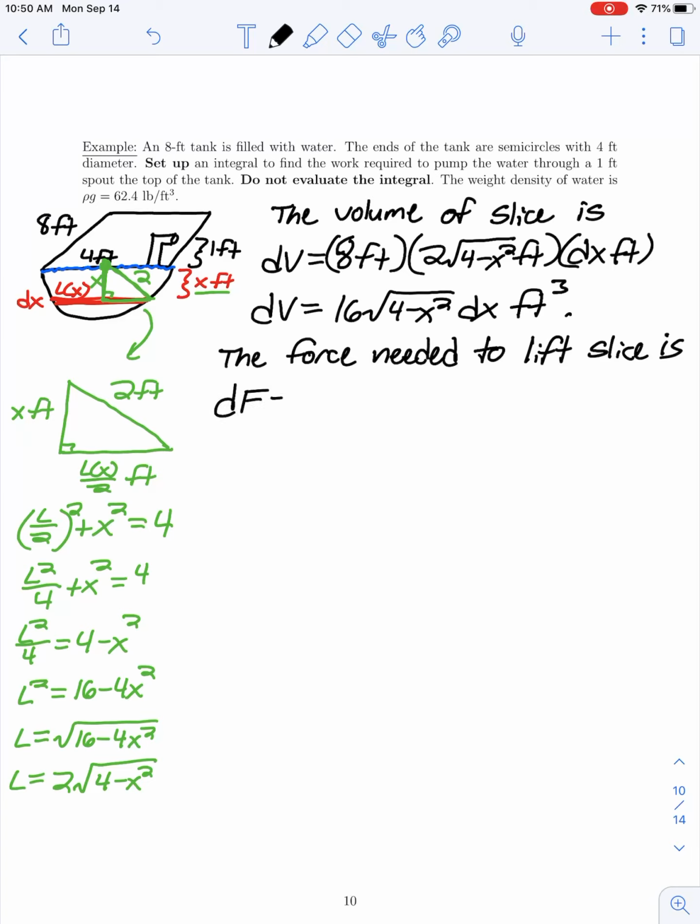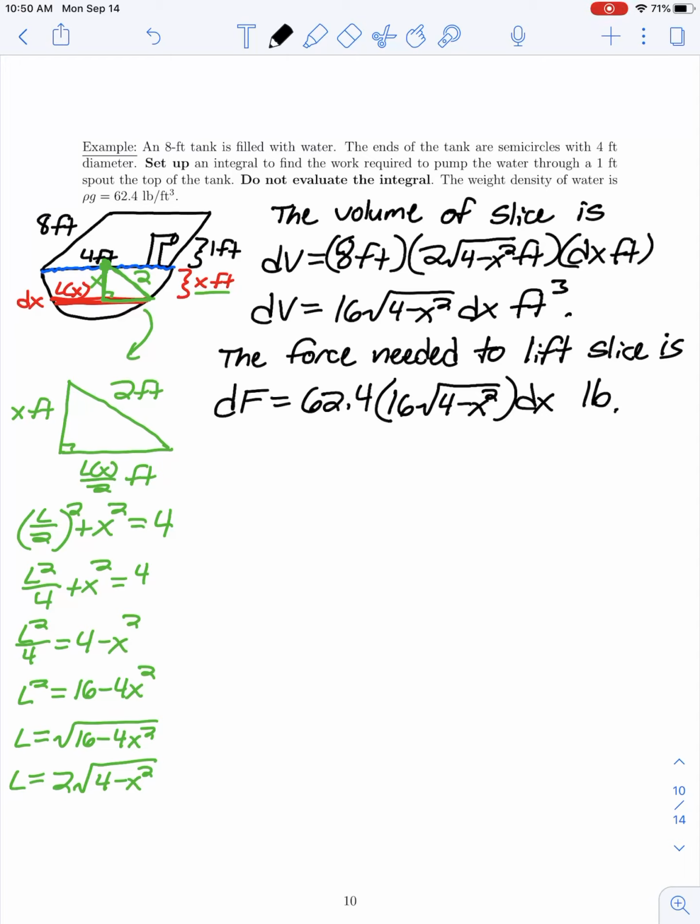is dF, which is found by taking my weight density, which was 62.4 pounds per cubic foot, and multiplying by our volume, which was 16 times the square root of 4 minus x squared dx, and this would then be measured in pounds, since we took pounds per cubic foot and multiplied by volume in cubic feet.